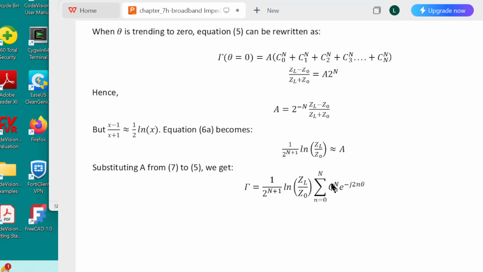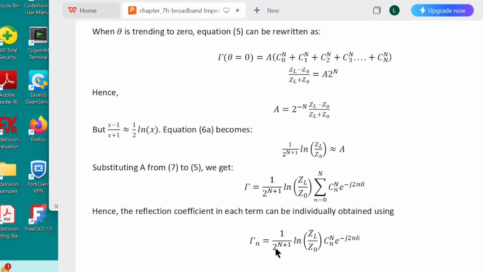Now, if we just take a look at this series, this summation sign has multiple terms. If you just look at one term, where the index value is n, you will get this. Gamma n is equal to this one.